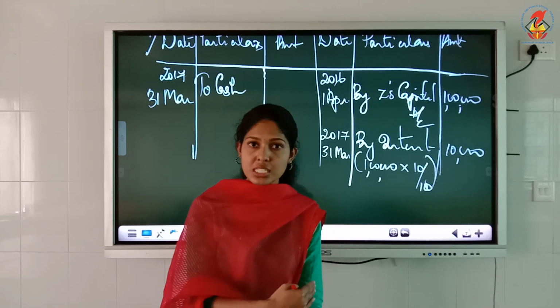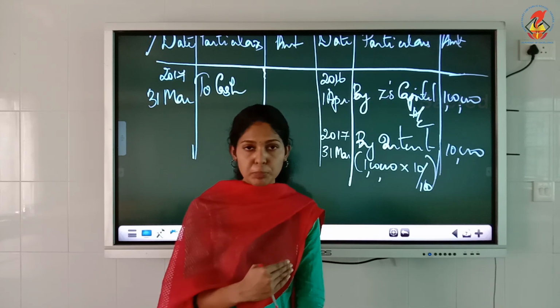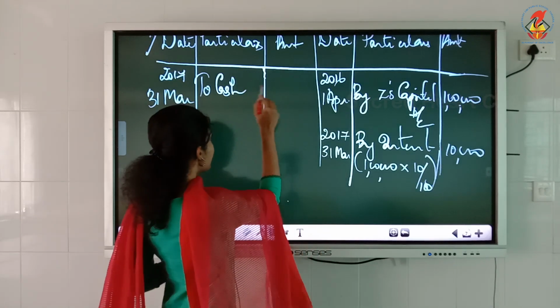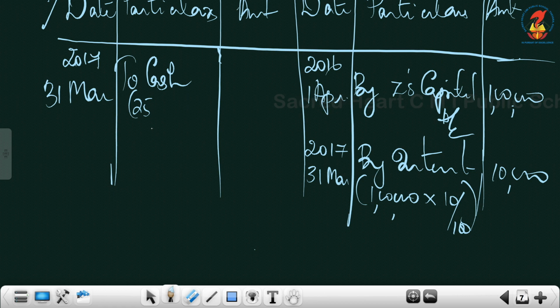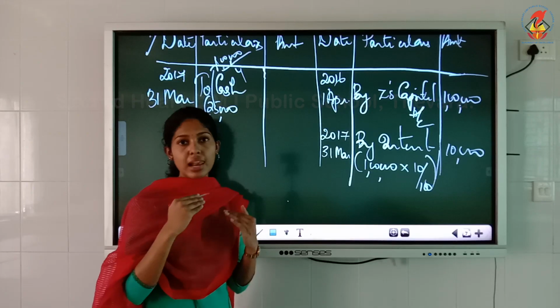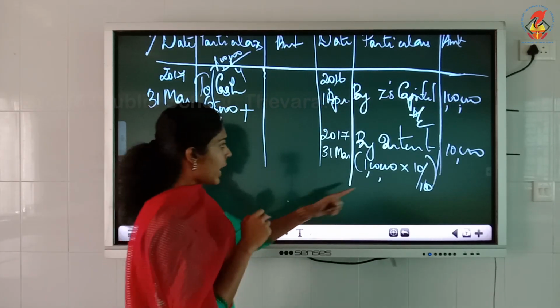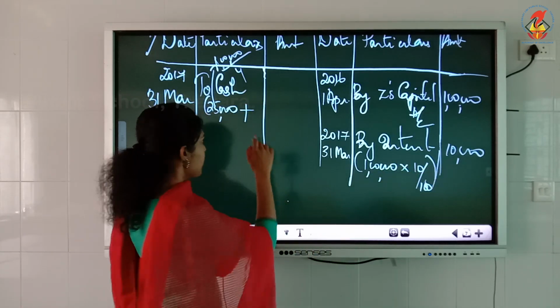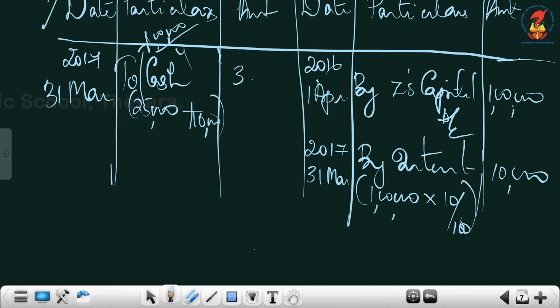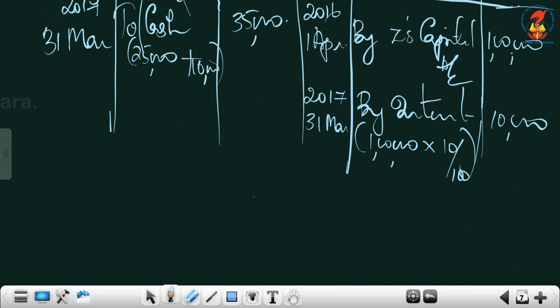So, in the first year, how much will you pay? 1 lakh divided by 4, that is 25,000. Understood? This is 1 lakh by 4, because it is 4 equal annual installments. So, in the first year 25,000 plus you should add the interest amount. So, that is 25,000 plus 10,000, 35,000 will be paid in the first year.